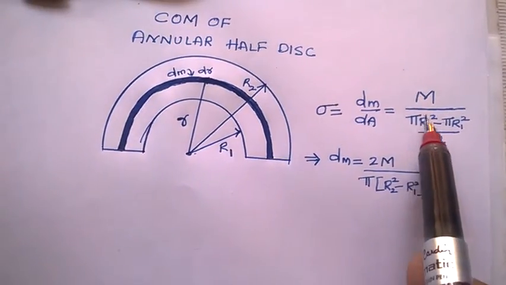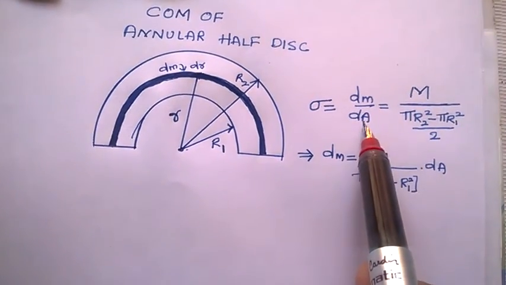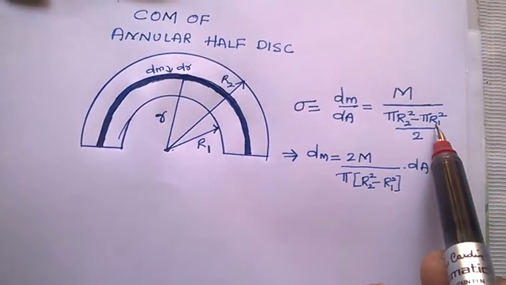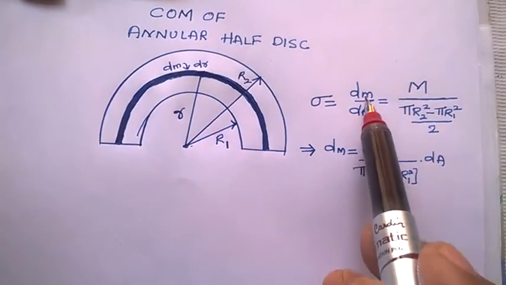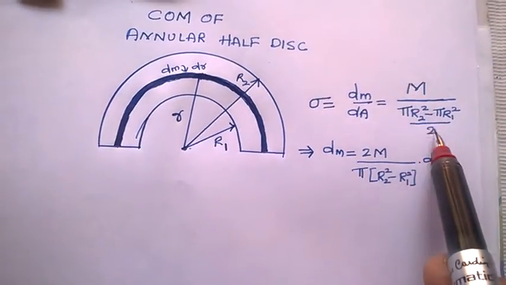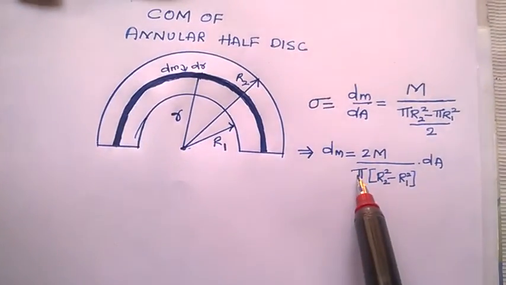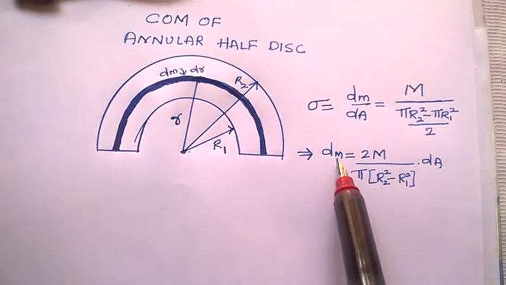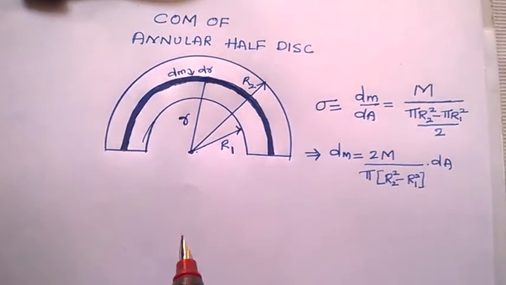Then sigma is equal to dm over dA, which is equal to the entire mass by pi R2 square minus pi R1 square by 2. So now I can write dm is equal to, this 2 comes up, 2M by pi into R2 square minus R1 square into dA. So this is the mass of this strip which I have chosen.